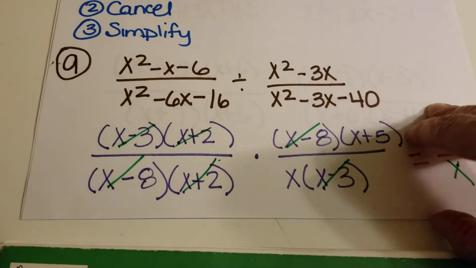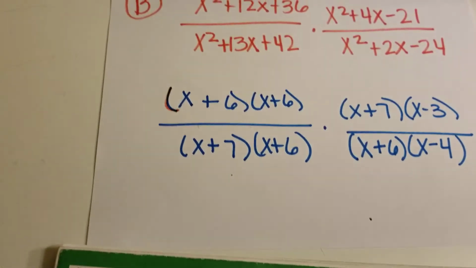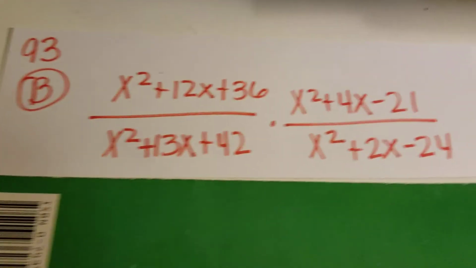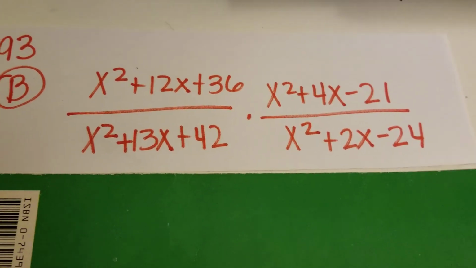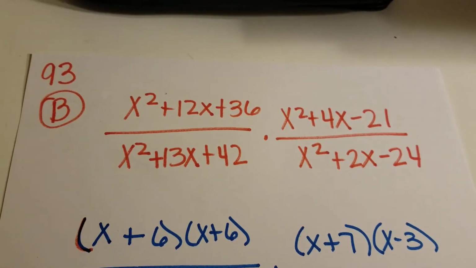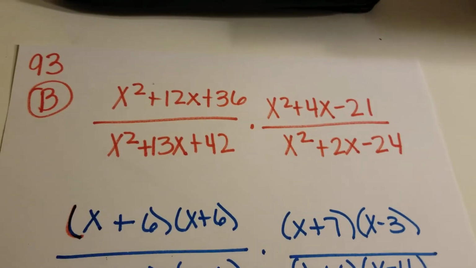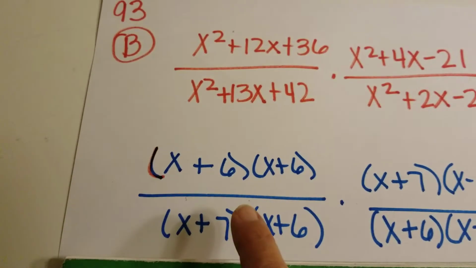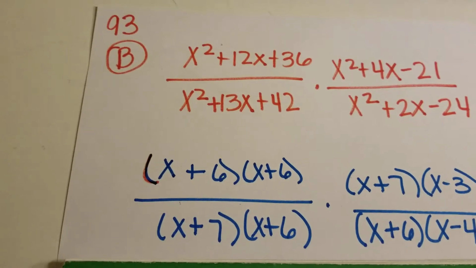All right, the second example. This is a multiplication problem, so we're just going to go ahead and factor it. We have x plus 6 times x plus 6. That comes from there.